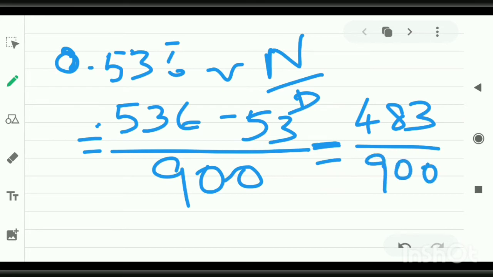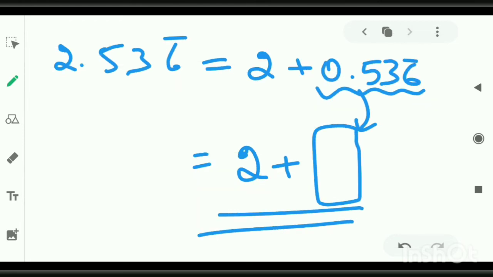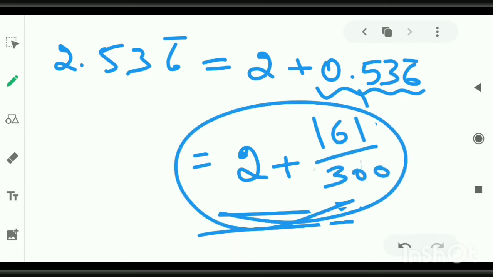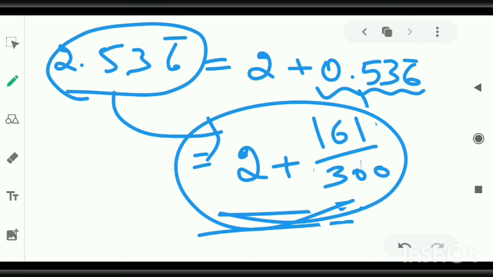Both numbers are divisible by 3, so we can write this as 161 divided by 300. We have successfully converted this decimal number into a fraction.